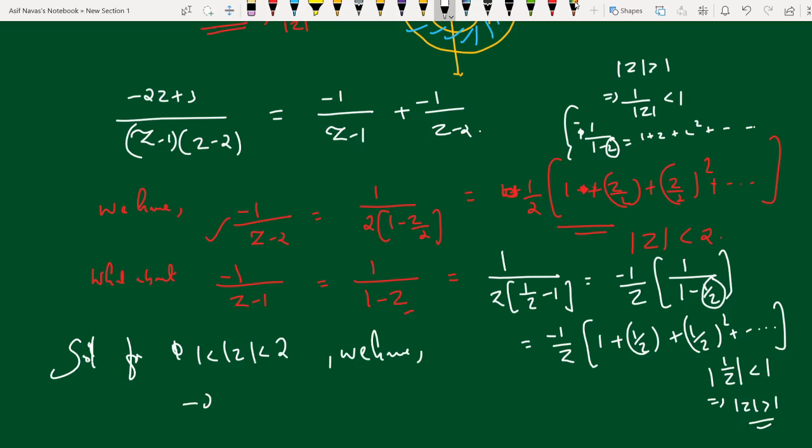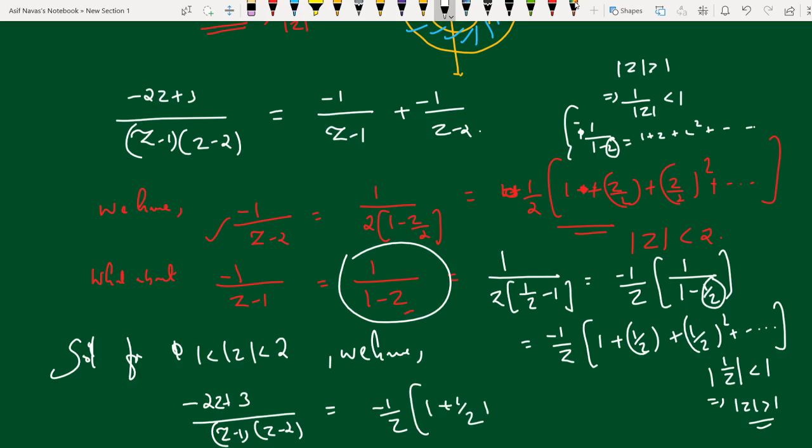we have minus 2z plus 3 divided by z minus 1 into z minus 2 is equal to, first we will use this expansion: minus 1 by z into 1 plus 1 by z plus 1 by z all square plus etc., plus the second expansion, which is the same as this.